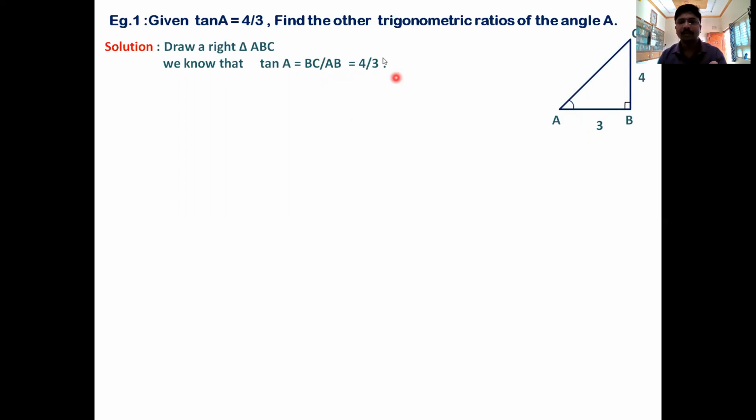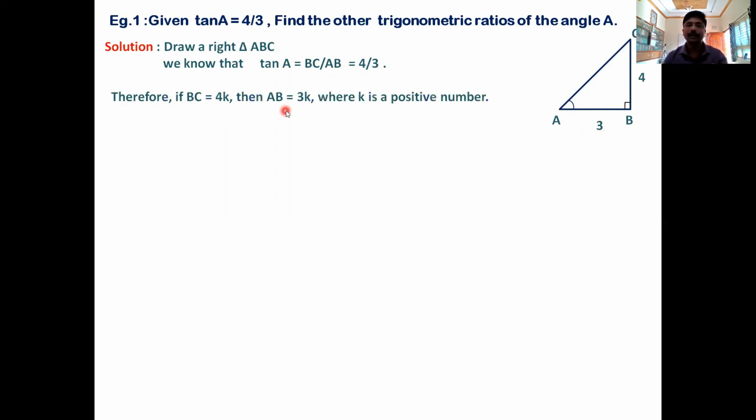Already given here, what they have given? 4 by 3. That means BC is equals to 4 and AB is equals to 3. Therefore, if BC is equals to 4K, then AB is equals to 3K, where K is a positive number. Now, by using the Pythagoras theorem, hypotenuse square is equals to the sum of the squares of base and perpendicular.